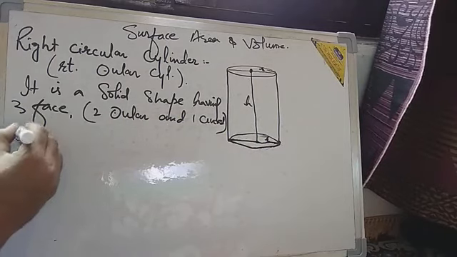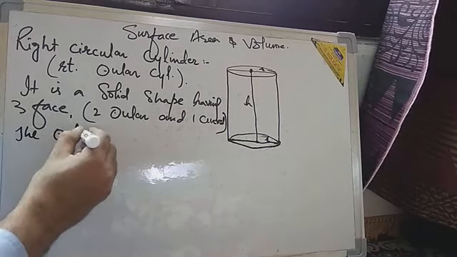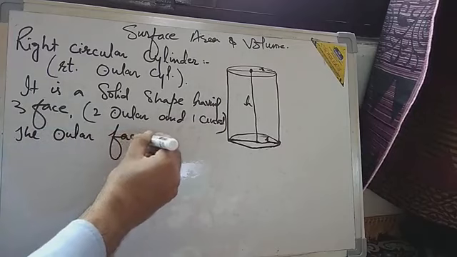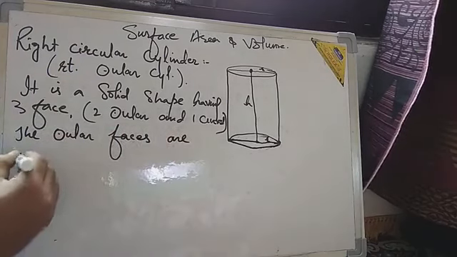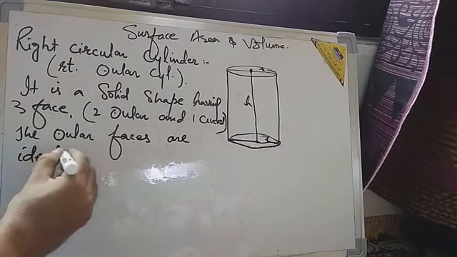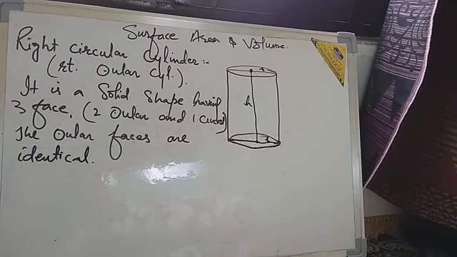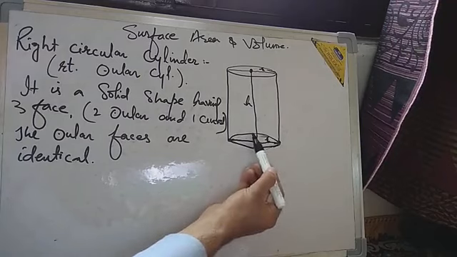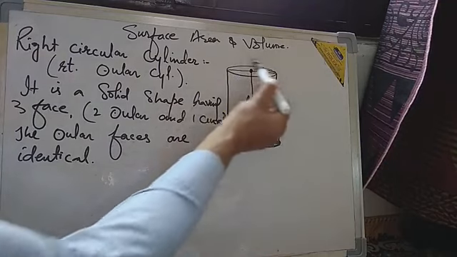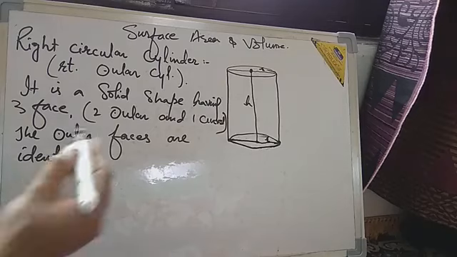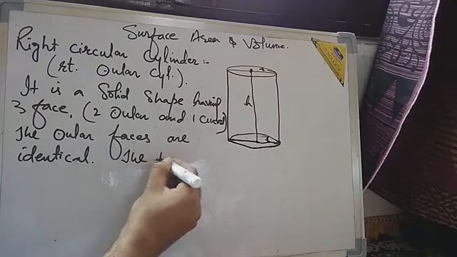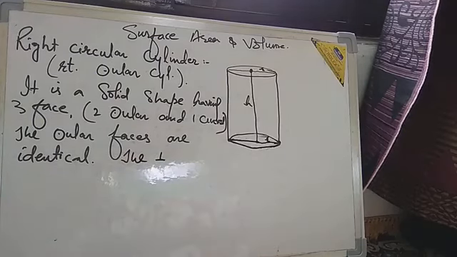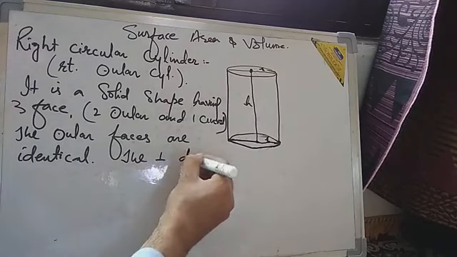The circular faces are identical. Here identity of the circular faces means whatever is the diameter of this circular face, the same diameter is that of the other circular face.